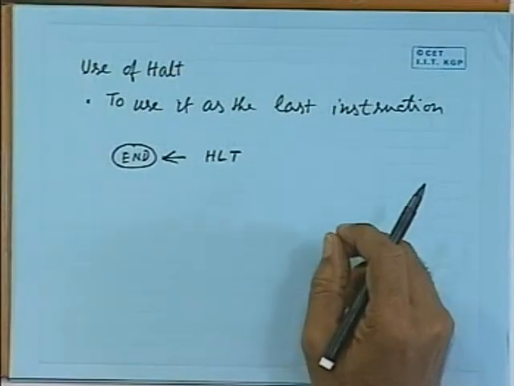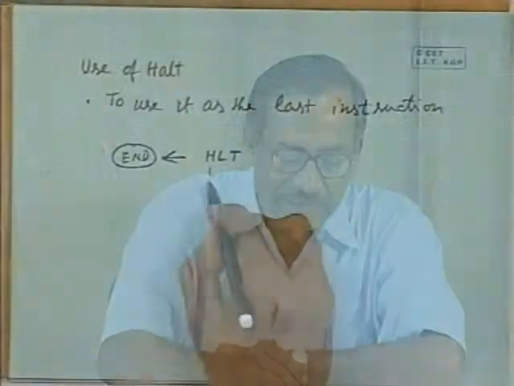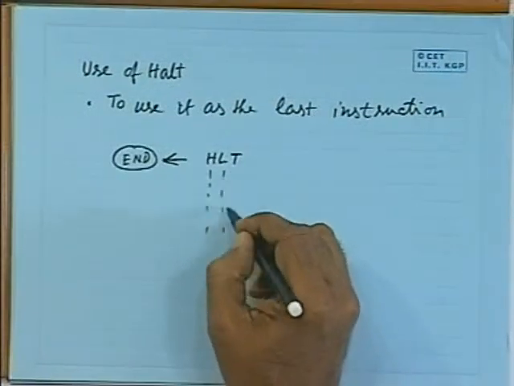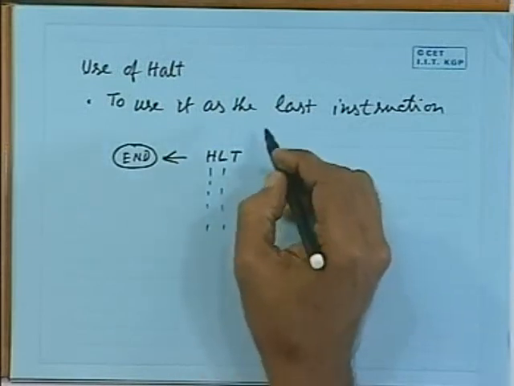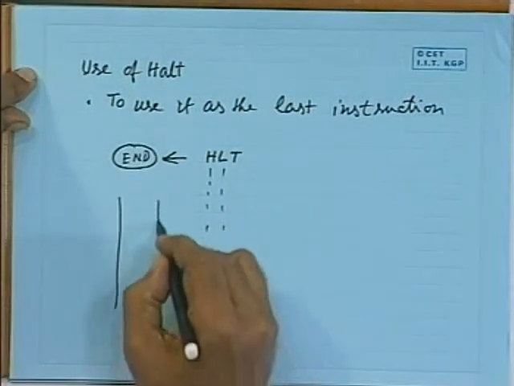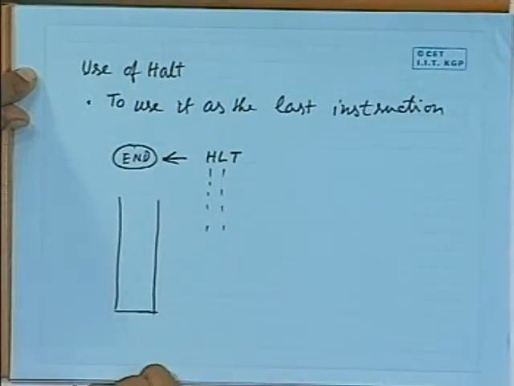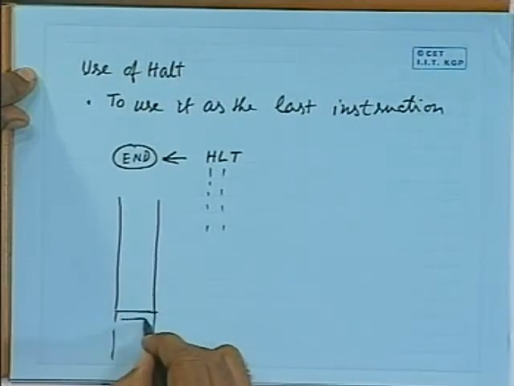Why is it necessary? Whenever this halt instruction is executed, any other code which is present after this halt instruction will not be fetched and executed. Normally, suppose you have written a program up to this, and after that there may be garbage.